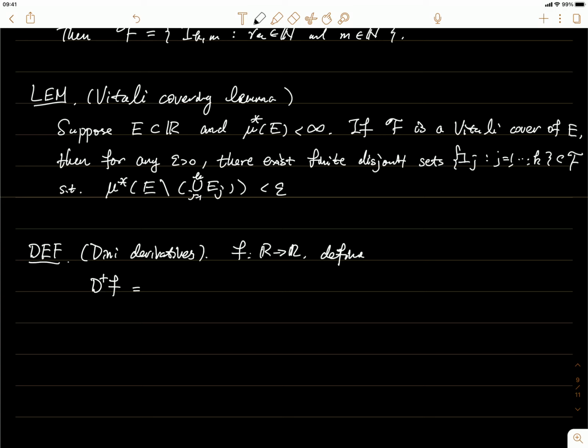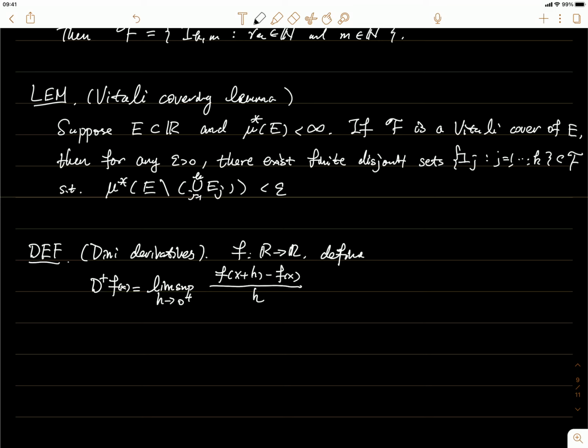The plus means that it's a derivative on the right of the point x, and it's the lim sup, with the upper D on top, which is defined as the limit of f of x plus h minus f of x divided by h, where h is going to 0 from the positive side.